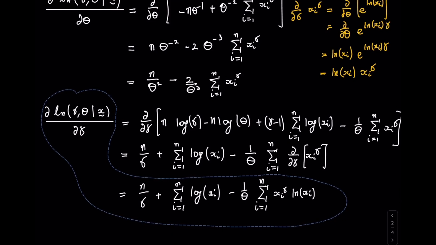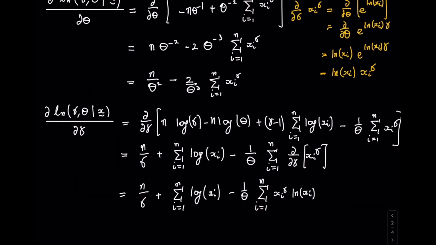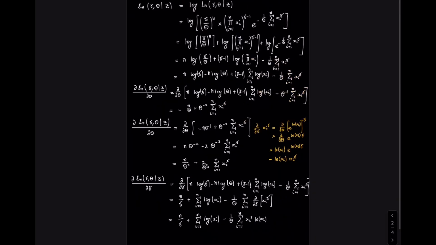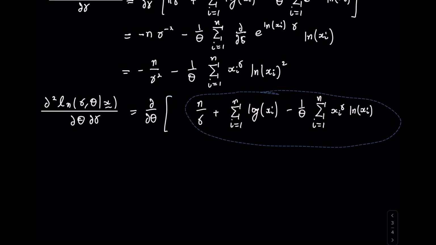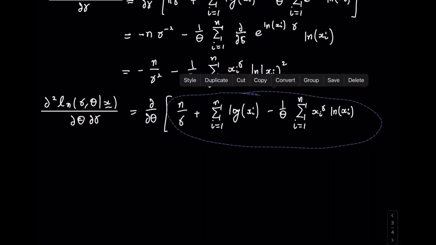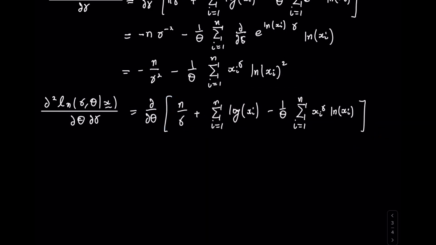So then to take the second derivative with respect to theta and gamma, we just need to differentiate this with respect to theta. So I'm going to go to the other page now, and I'll say that that is d on d theta of, paste that in, this particular expression. Just noting, however, that this negative 1 over theta here, I'm going to write as theta to the negative 1.